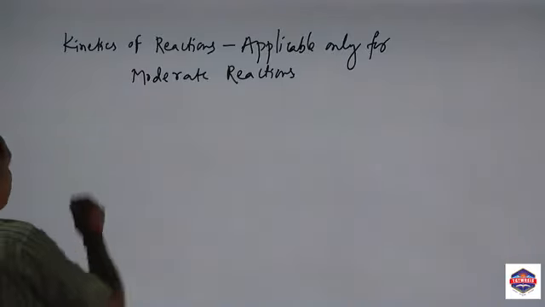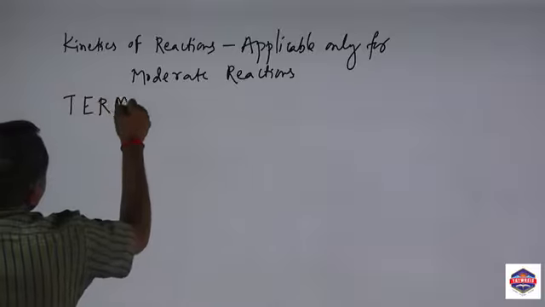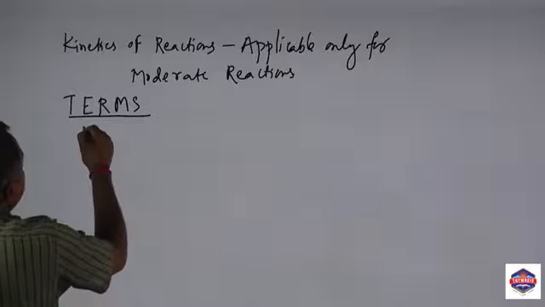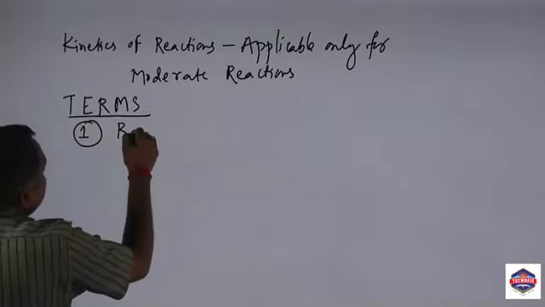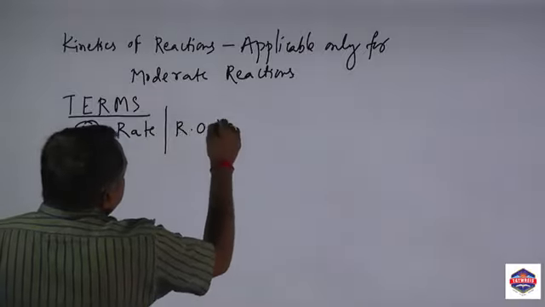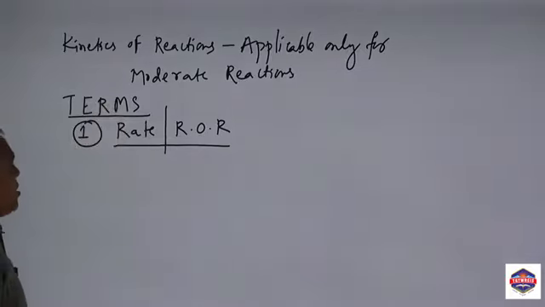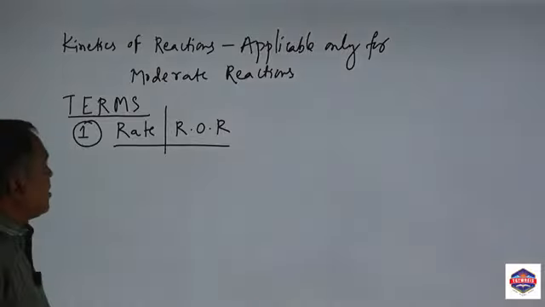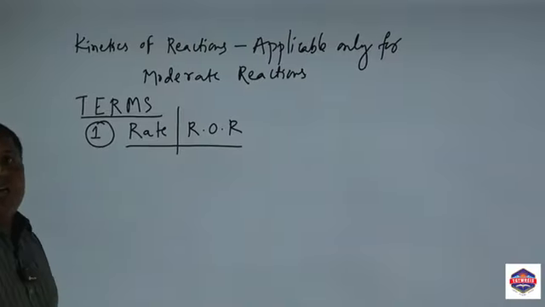After this we are going to discuss some terms in this kinetics. The first and most important term is the rate, or rate of reaction. So what is this rate of reaction? It is the ratio between the change in concentration of reactants or products to the change in time, or time interval.